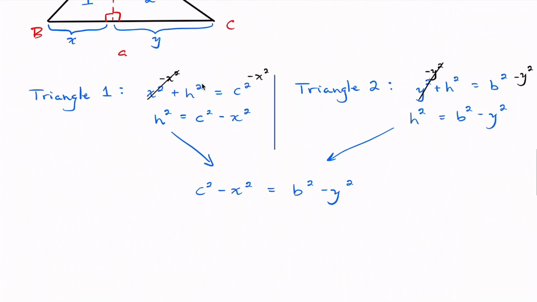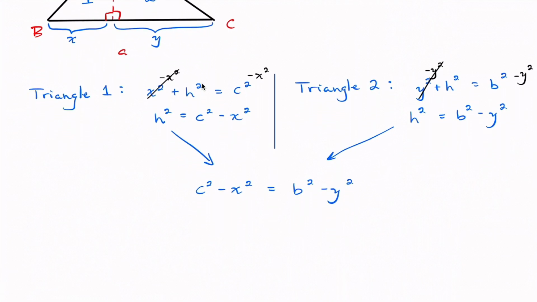So now that we got this, I'm going to try to get that c squared by itself. I'm going to try to get rid of that minus x squared. So to do that, add x squared onto both sides. X squareds cancel out. And then I have c squared equals x squared plus b squared minus y squared.